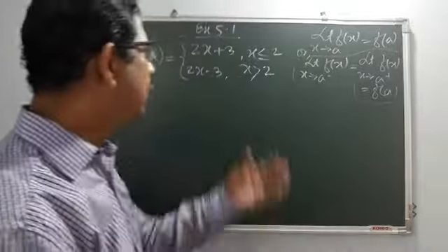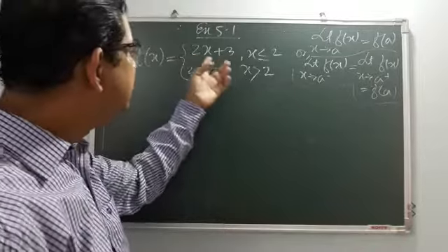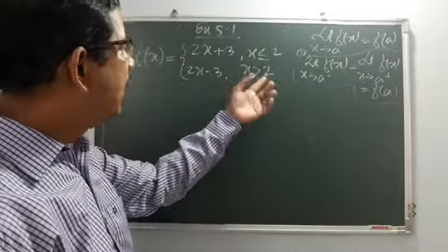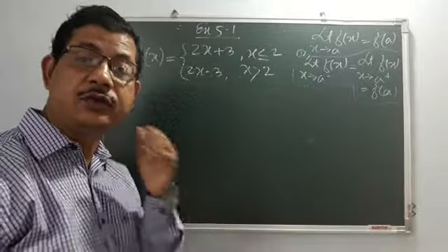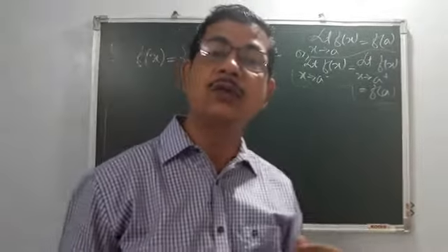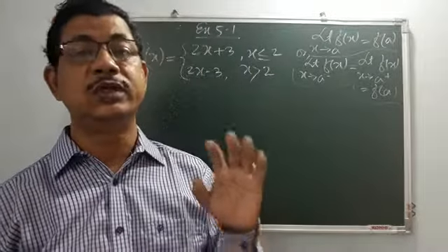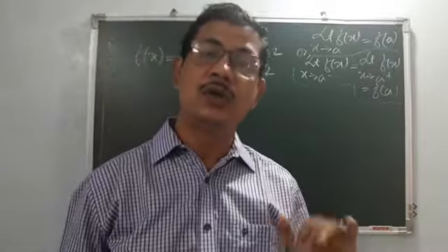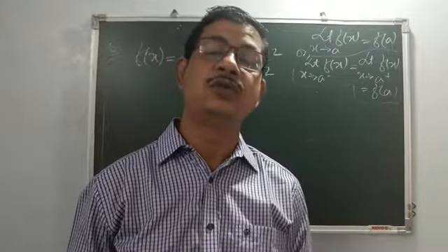Now see, for x less than 2, this is the value. This is a polynomial. For x greater than 2, 2x minus 3 is the value of f(x). This is also a polynomial. So what we found, in both ranges of x, greater than 2 and less than 2, f(x) is a polynomial, so it is continuous.